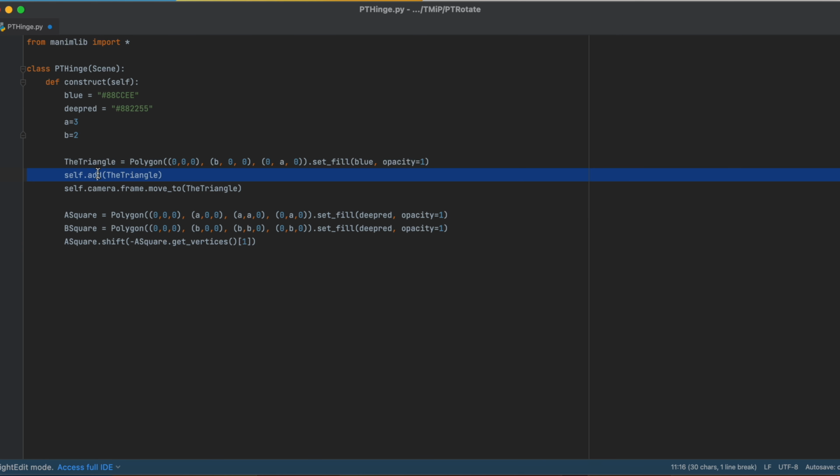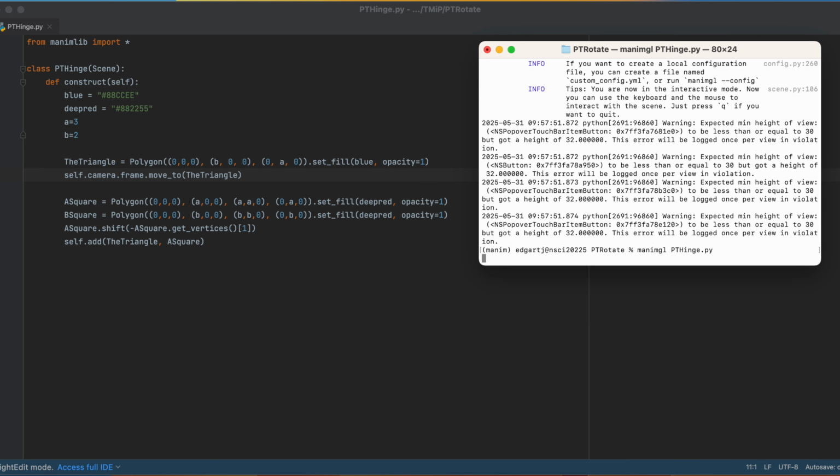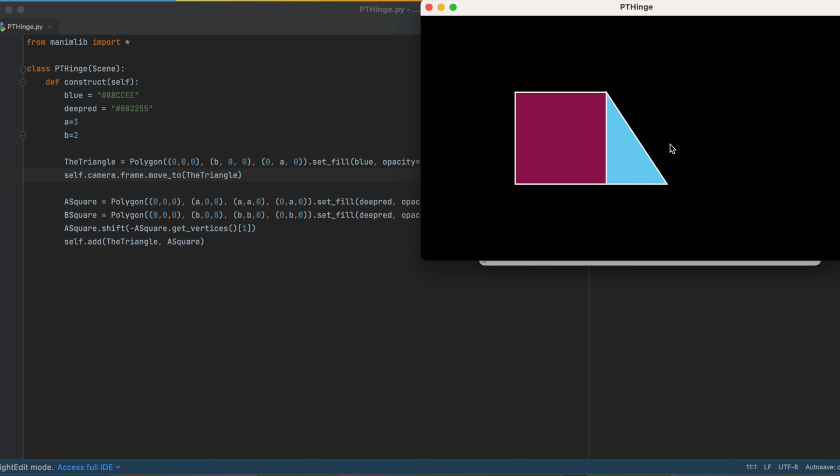So now I should be able to see what that looks like. Instead of just adding the triangle, I can add a square as well. For now, I'm just trying to draw them. And that's right. It drew the A by A square, and then it shifted it so that that vertex, the first vertex for the square, is lined up with the 0, 0, 0.